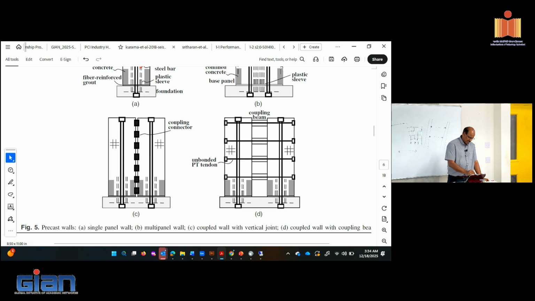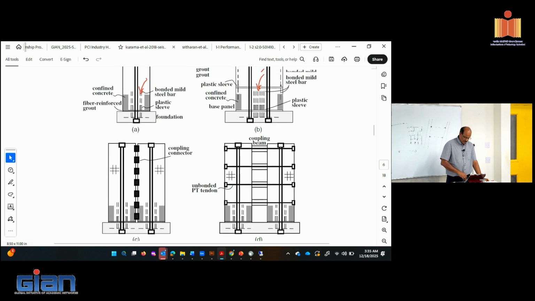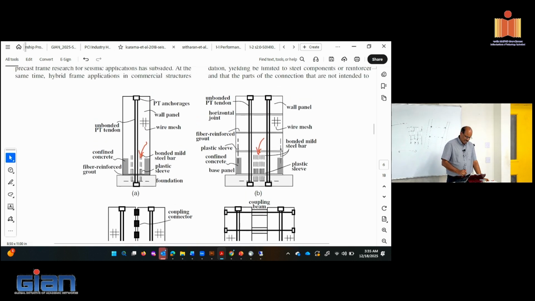Now, this is the other concept. One of the disadvantages with this system, including the hybrid system, is that though the structure goes through limited damage and the members don't experience damage, your gap opens up, but the reinforcing bar goes through inelastic action. Because they go through inelastic action, they are going to be yielding and they're going to experience residual strains on the rebar.